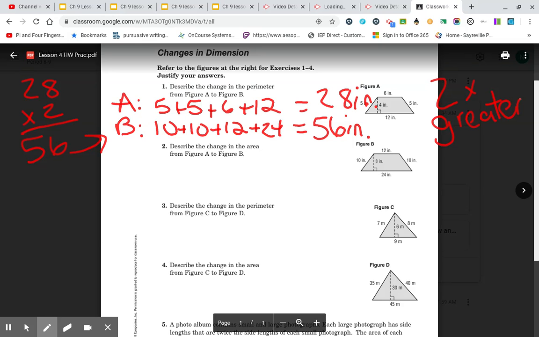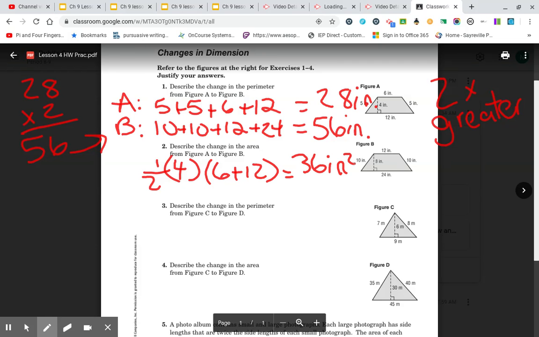So for figure A, it's 1/2 of 4, right? 4 is the height, so it's 1/2 of 4 times 6 plus 12, which is 18. So 1/2 of 4 is 2. 18 times 2 is 36 square inches.